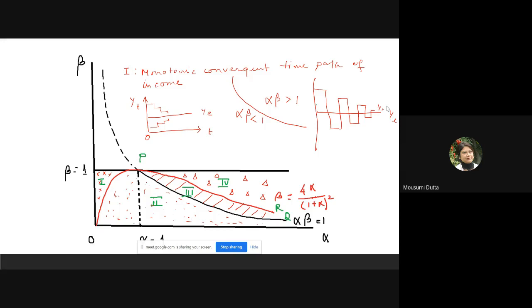Together, the two conditions give explosive oscillatory time path of income.